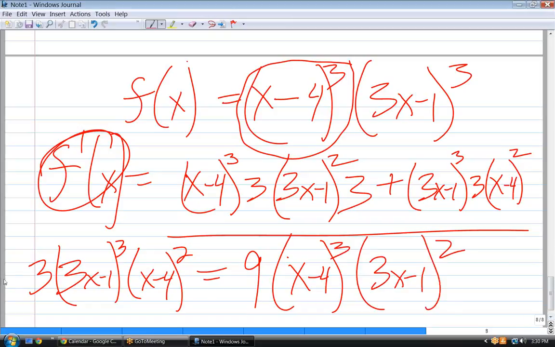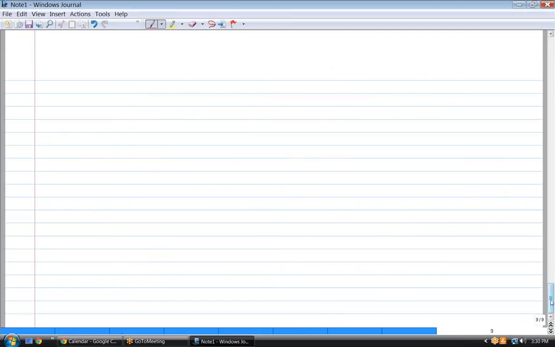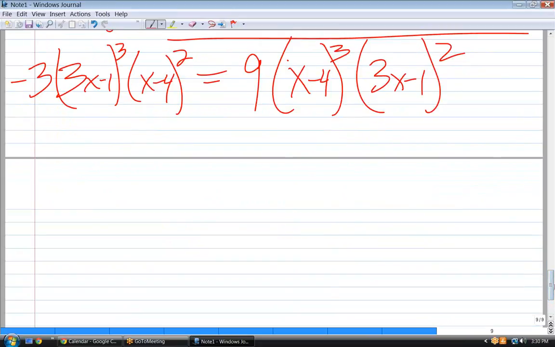And there's a negative in front of that. All right, let's see. I got an x minus 4 squared that I can cancel out with everything but one of these. In other words, I divided both sides by x minus 4 squared. Then I have a 3x minus 1 cubed and cancel out all of that with everything but one of those.